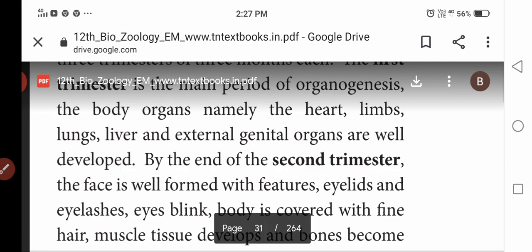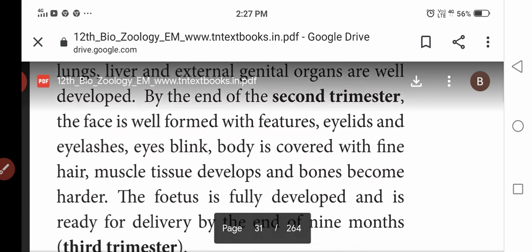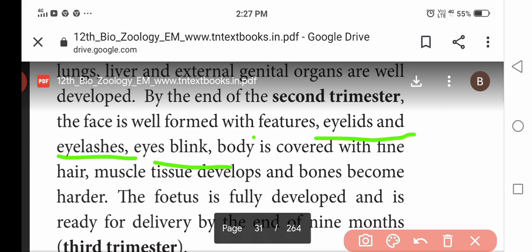Okay, next one is that at the end of the first trimester, the second trimester follows. So in the second trimester, what develops? The face, eyelashes, eye blinks. Okay, the best organs in humans are the eye and heart. The heart is produced in the fourth week of embryo development.